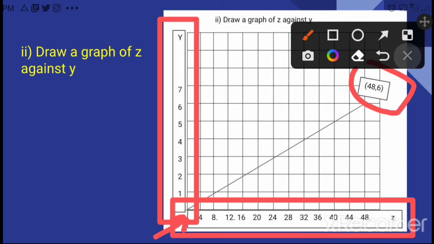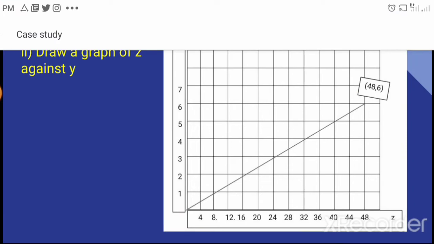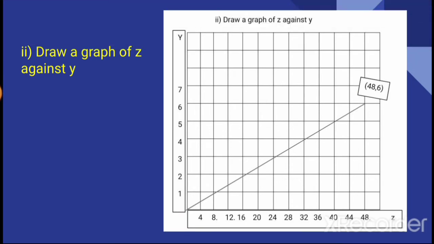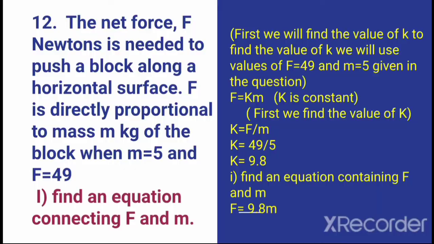Now moving to the next slide, question number 12. Question number 12 is, the net force F newtons is needed to push a block along a horizontal surface. F is directly proportional to the mass m kg of the block.